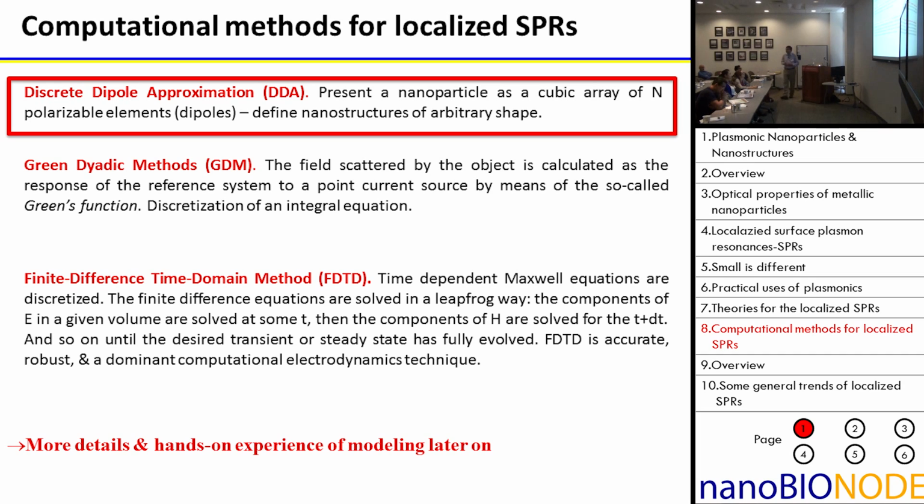What this allows us to do is, rather than dealing only with spherical objects, like in Mie theory, for example, here we can describe any shapes, and that's quite a bit of interest, as you will see later from my talk. Now, another very powerful approach is called FDTD. It's the finite difference time domain method. Here, you essentially solve the Maxwell equations and get similar types of results as before.